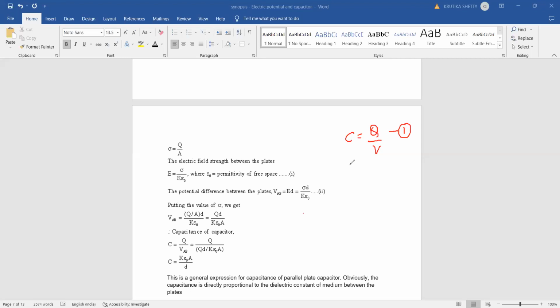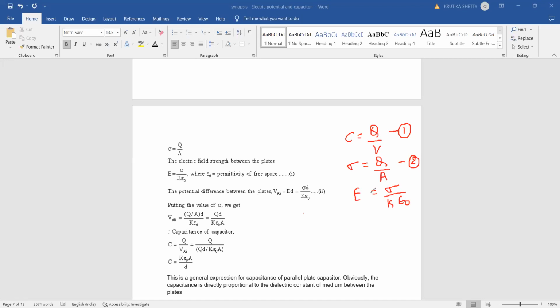Now I substitute surface charge density. According to surface charge density, sigma is equal to Q divided by A, that is charge divided by surface area. This is my equation 2. Now the electric field is given by sigma upon K epsilon naught.